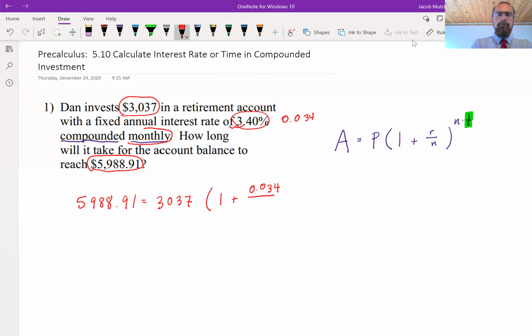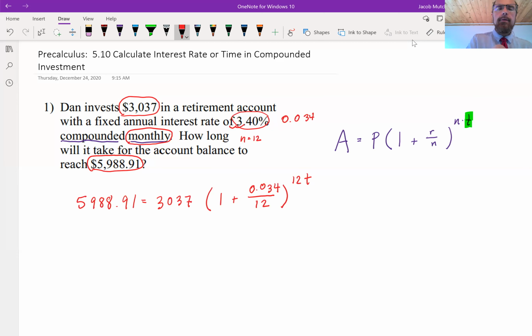So I always look for the word after the compounded. In this case, it's monthly. So if I think about how many times, or in this case, how many months are in a year, that gives me an n value of 12. There are 12 months in the year. Note that that is repeated in the formula. It's both in the denominator under the rate. It's also in the power by time.